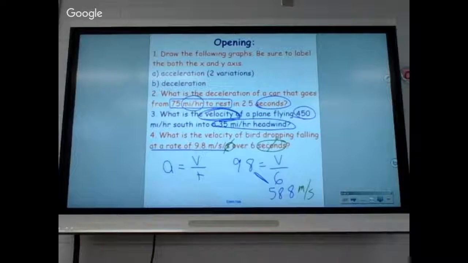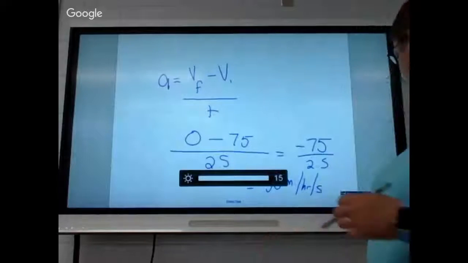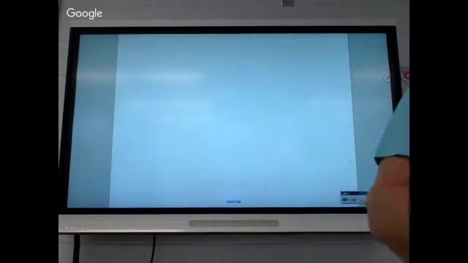All right, let's look at the answers. Question number 1 asked you to find the speed that somebody ran. Car traveling, okay.